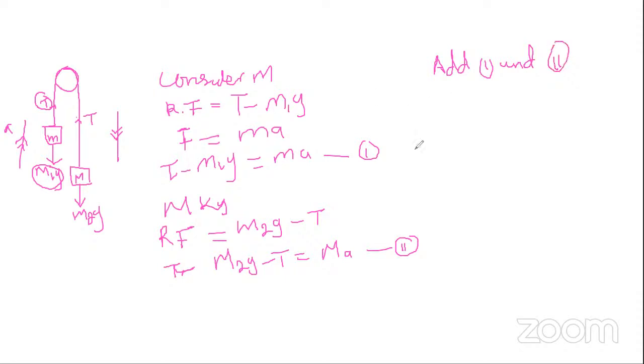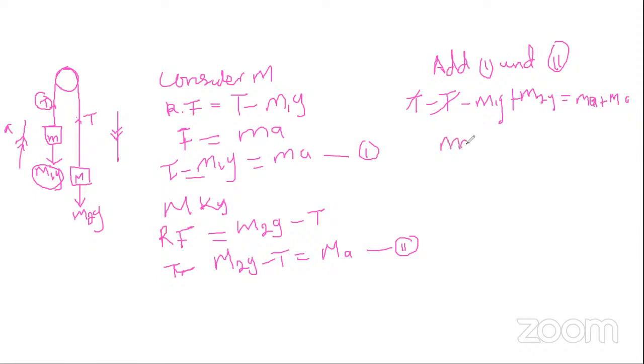So that we shall have T minus T, then minus m1g, since it is a minus here, then plus m2g is equal to ma, and then plus capital M and a. So this will cancel out.